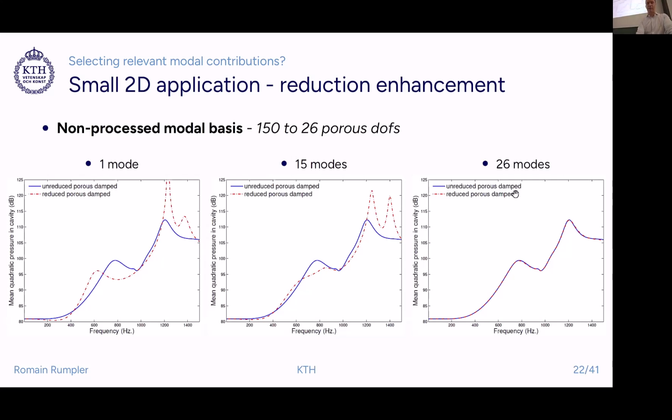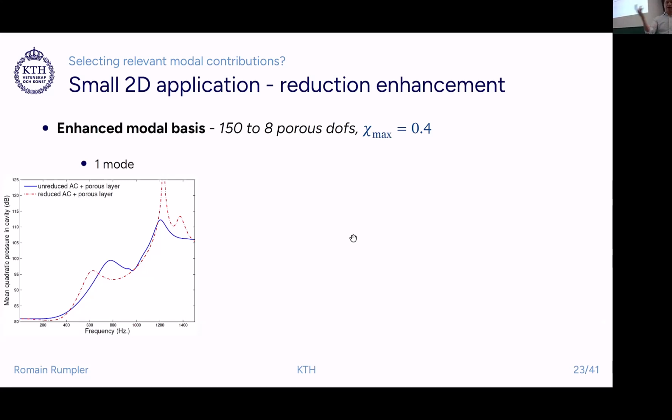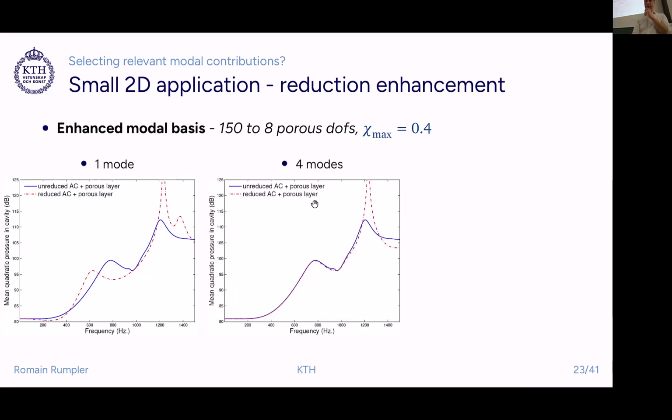And you could see the same issue as we pointed to in the 3D case: the convergence is actually not really sorted as we usually see in modal methods, where the low frequencies converge very quickly. On top of that, you can see the same issue that some of the modes are not really contributing.